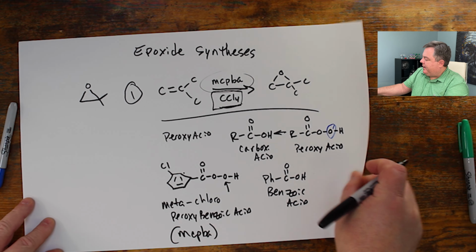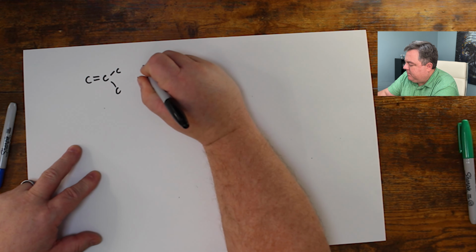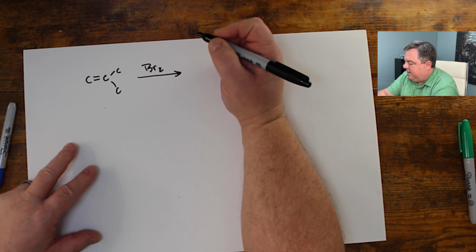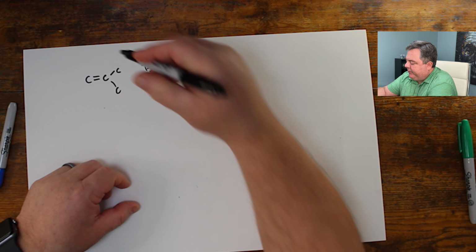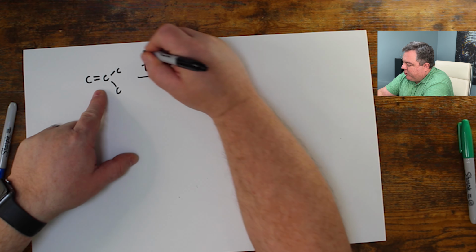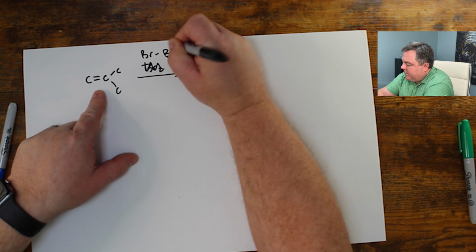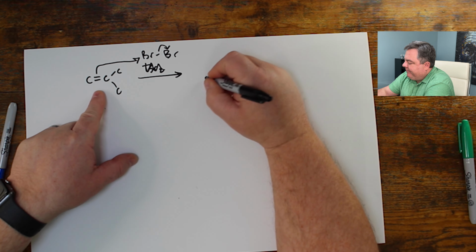The second way also goes back to an alkene reaction. And we saw previously that if you react an alkene with Br2, the first step of this reaction, let me draw bromine this way, is the double bond attacks the bromine, that leaving group leaves.